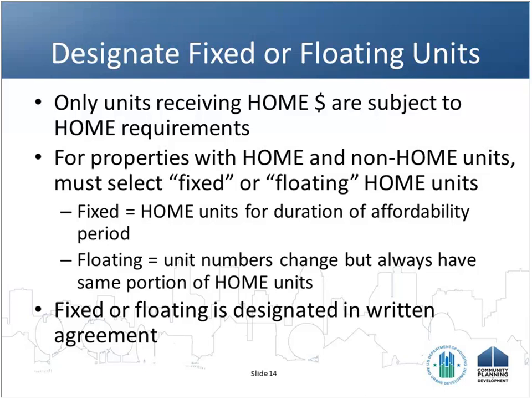I would say that for the most part, we tend to see more projects designating floating units. I think it makes it quicker to resolve non-compliance issues over time because of the ability to switch amongst units within that property. It is probably a little more complicated for a property manager to understand.